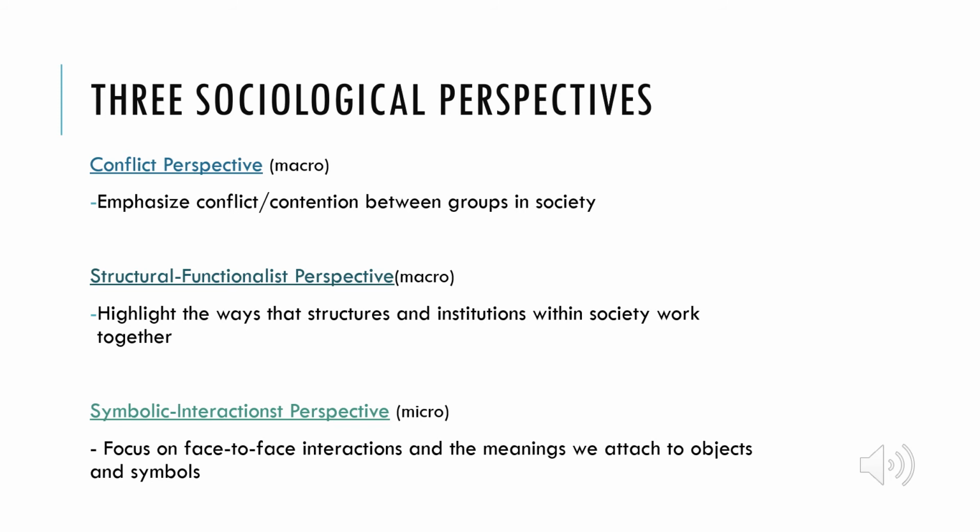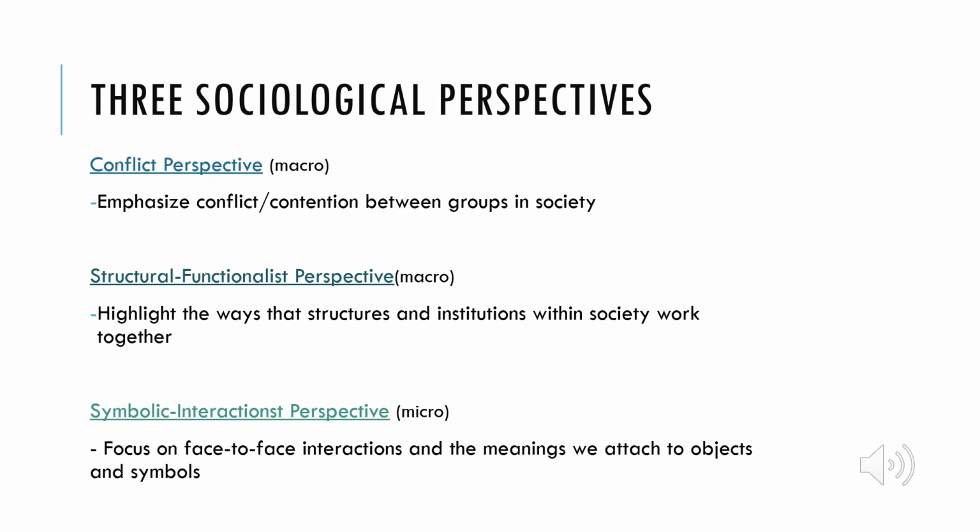Whereas the structural functionalist perspective, which is also a macro level perspective, is highlighting the way that the institutions within society, so education, family, government, the economy, all work together. Now, this doesn't mean that everything is perfect or that we're all living in harmony.